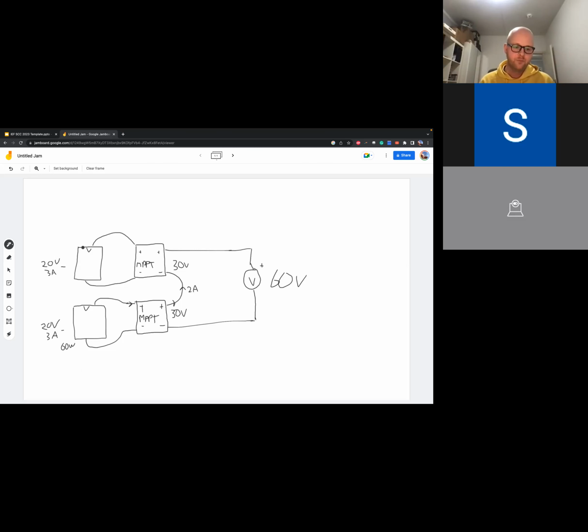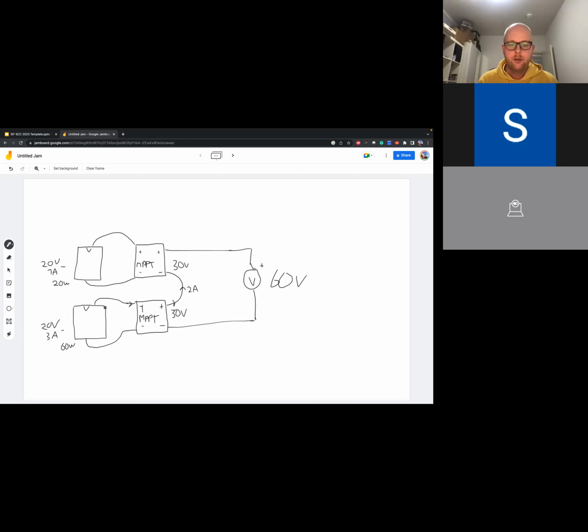But now, what happens if one of the arrays gets shade and therefore the maximum power point current decreases, and therefore the input power of this MPPT becomes 20 watts.